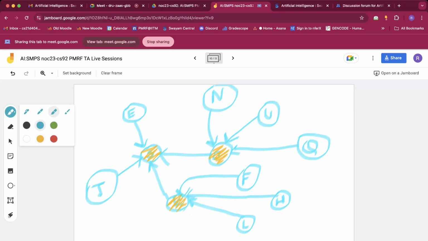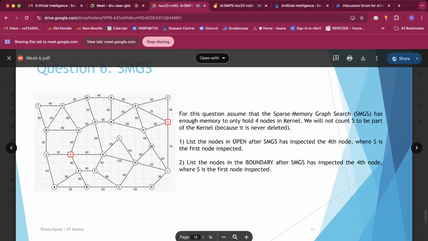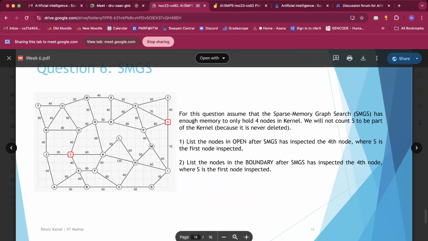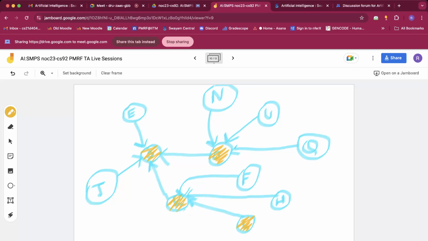Let's mark L with a different color to say that, sorry, L has been visited. And let's look at what are the neighbors of L. The neighbors of L are K and H only. Okay, so K and H. So K is already visited, so we won't bother about K.